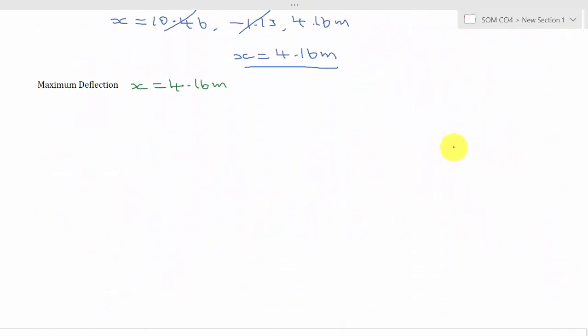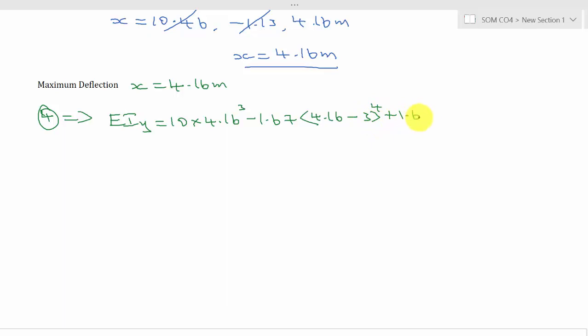So this is my fourth equation. EIY is equal to 10 into 4.16 cube, then minus 1.67 into 4.16 minus 3 the whole power 4, then plus 1.67 into 4.16 minus 7 the whole power 4, minus 509.74 into 4.16.